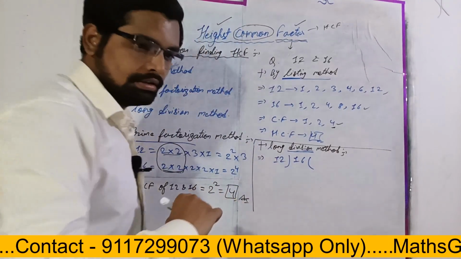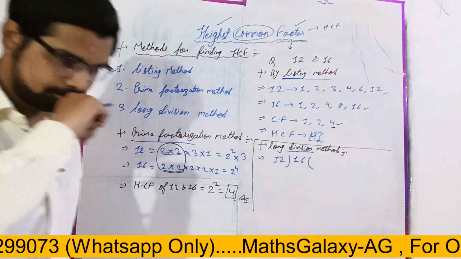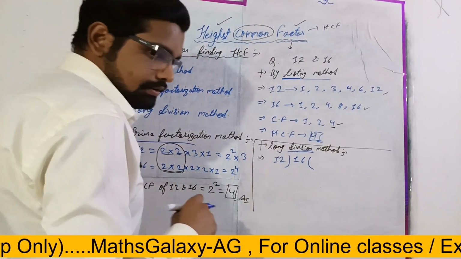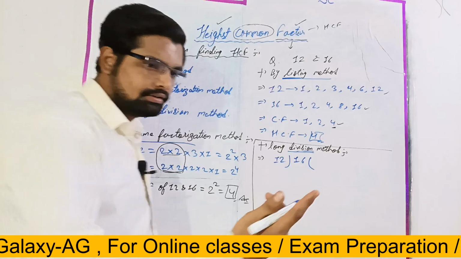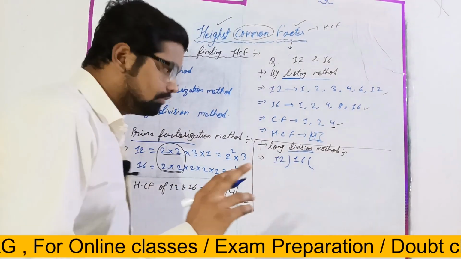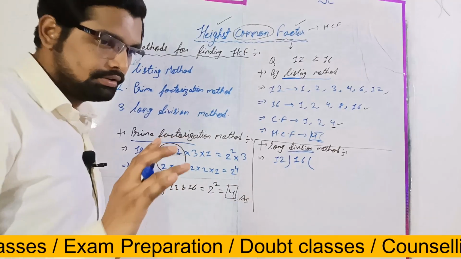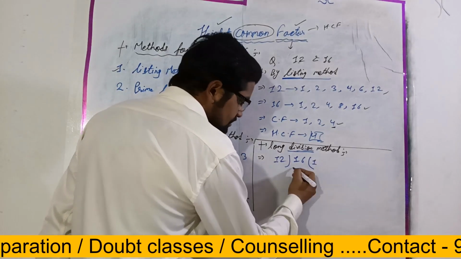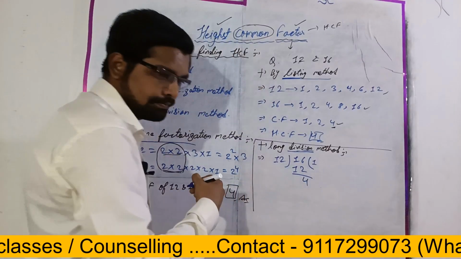In how many times can we divide it? We don't have to do the full division, just divide it. So we can divide it once. 12 ones are 12, and here we will get 4.